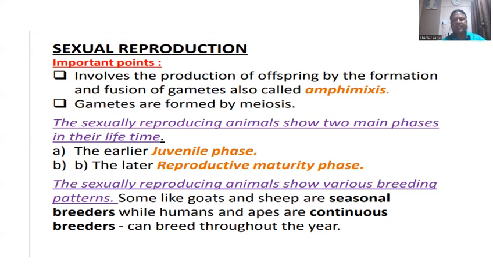In some mammals, there is an estrus cycle, which is why they are seasonal breeders. The remaining, humans, females, and apes, are continuous breeders, because there is a menstrual cycle every month, so they can breed throughout the year. That is why they are called continuous breeders. So this is about sexual and asexual reproduction.